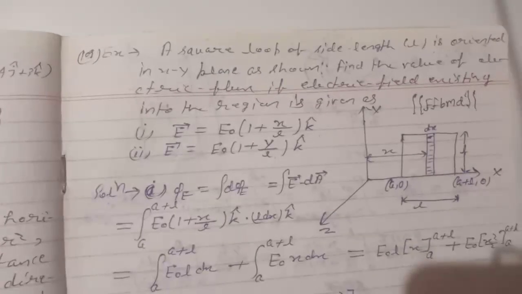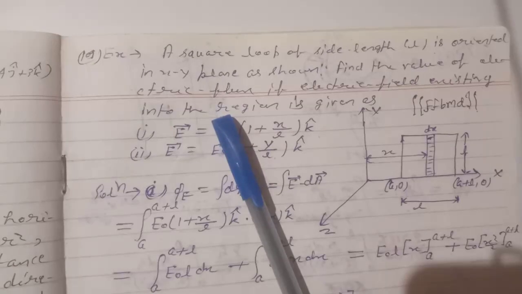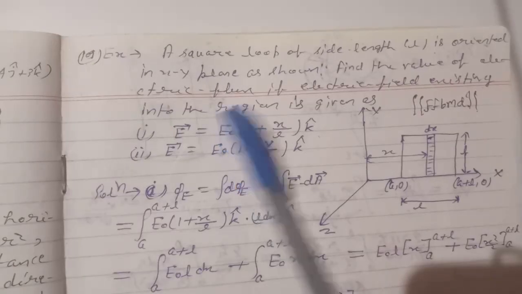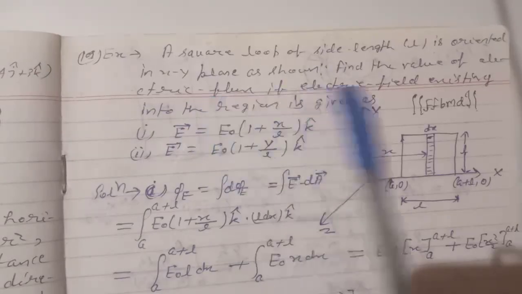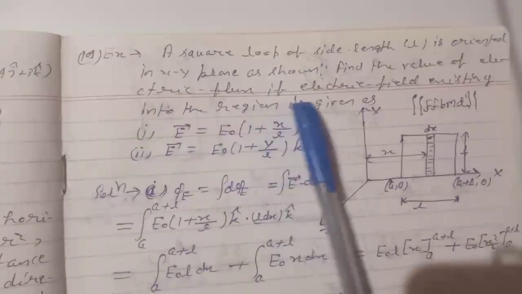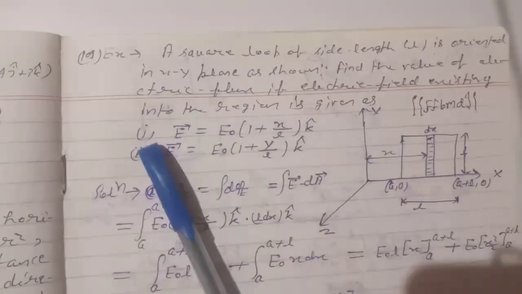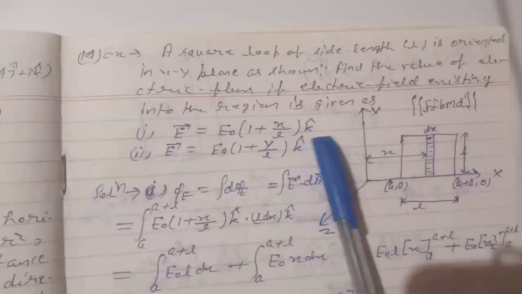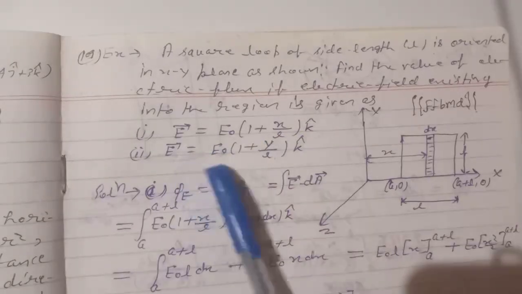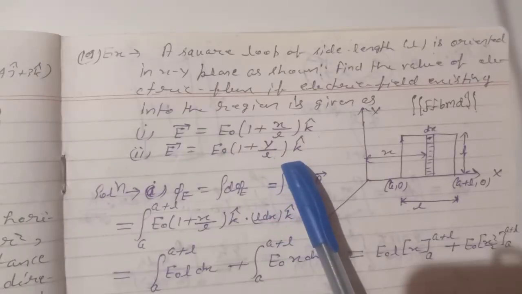Next question: a square loop of side length L is oriented in the xy plane as shown. Find the value of the electric flux of the electric field existing in the region, given as E vector equal to E naught times (1 plus x by L) into k cap, and E vector equal to E naught times (1 plus y by L) into k cap.